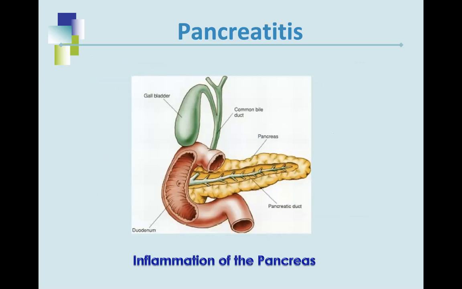If you recall the anatomy of the pancreas, it makes a bed of the stomach and is surrounded by the C-shaped duodenum, and you can see that the biliary channel passes through the head of the pancreas and joins the pancreatic duct, and then it opens into the second part of the duodenum by the ampulla of Vater.